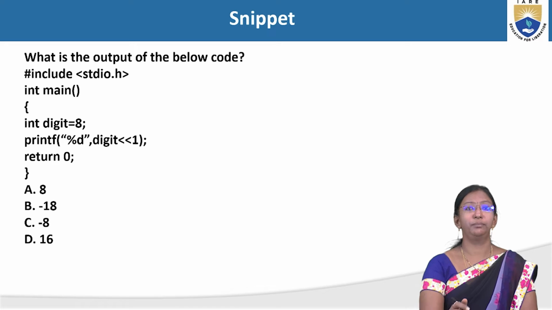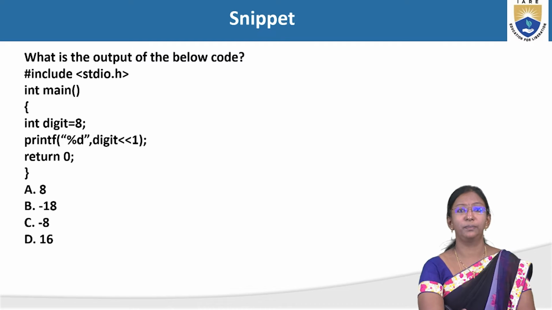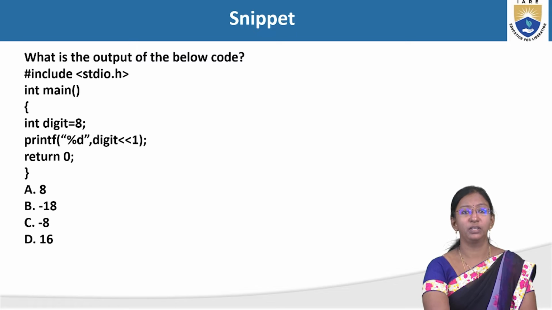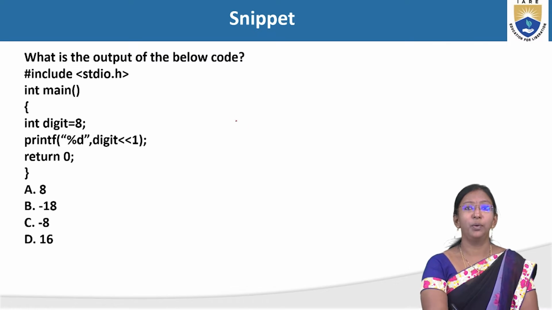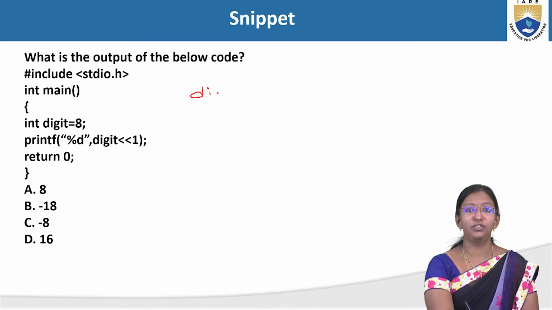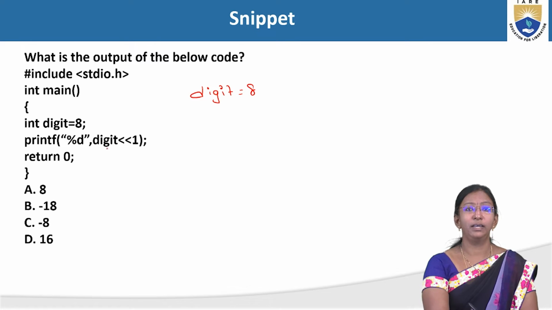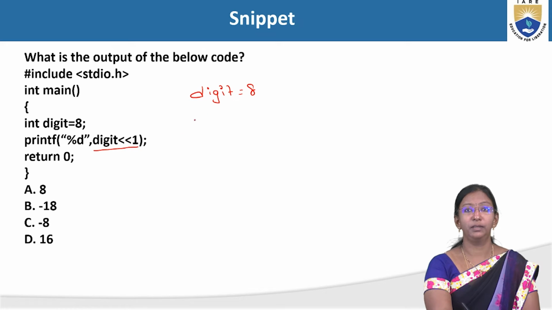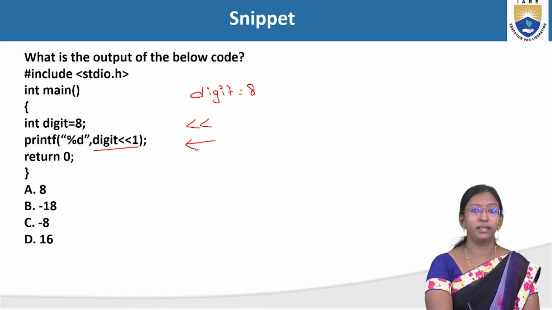And again, bitwise operators come into the picture. Here, this is pure C code, a piece of code written in the C programming language, where they have declared digit is equal to 8, and they want the answer for digit left shift. Remember guys, this is shifting the data in this direction.